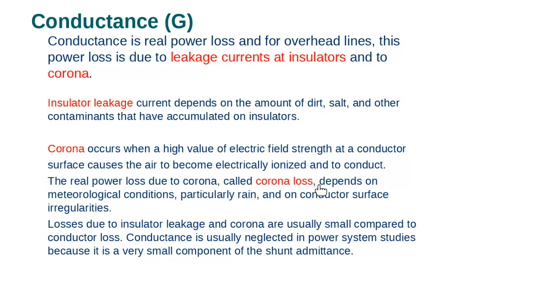Where can we find this? We can find it also on the insulators, the insulators on the transmission line that we discussed earlier, glass or porcelain. They also get dusty. The dust decreases the insulation, not conductivity. So the dust decreases the insulation.